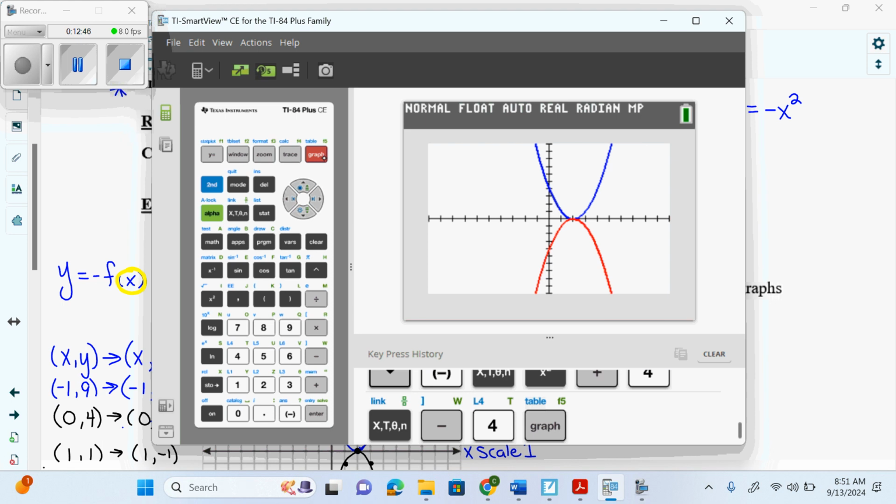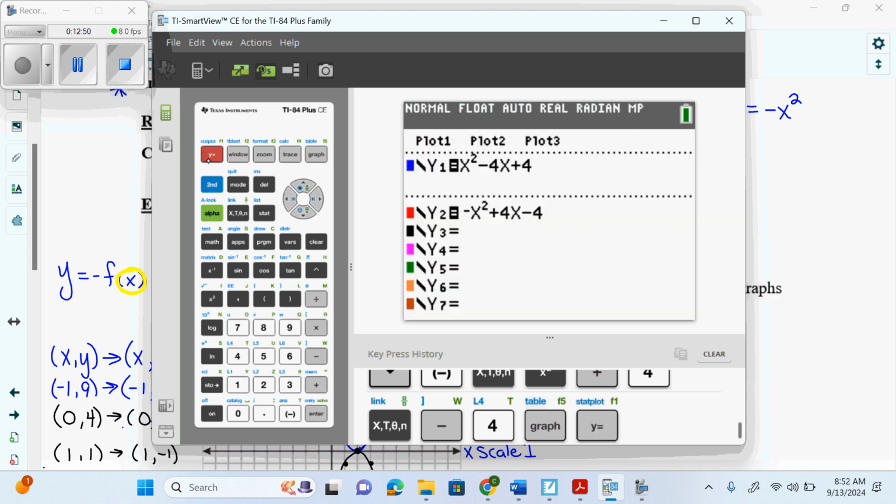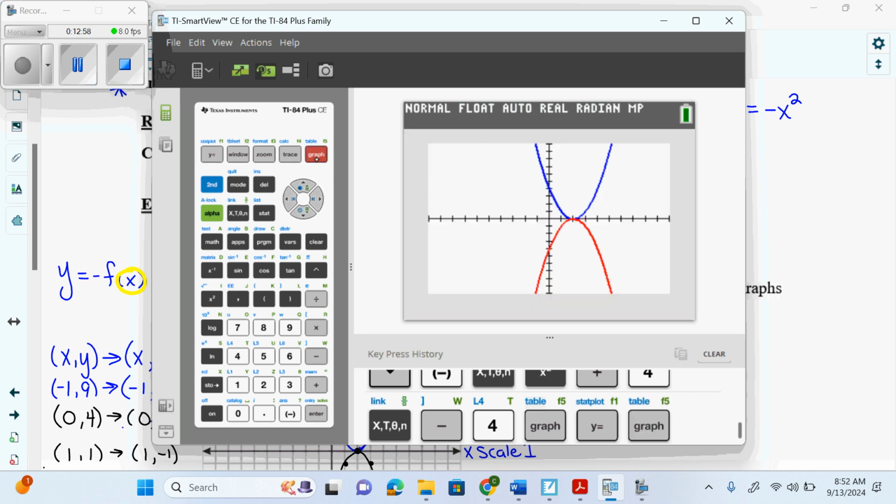You can physically see the blue was the first equation, the red was the second, right? So I know which one's which. If you don't have the fancy calculators that are colored, everyone paying attention? Because once I press graph, they just draw together, right? The first time I put in equations and I press graph, it'll always draw the first one, then it'll draw the second one, then it will draw the third, etc., right? But after that, if I press graph, they both just pop up, okay?